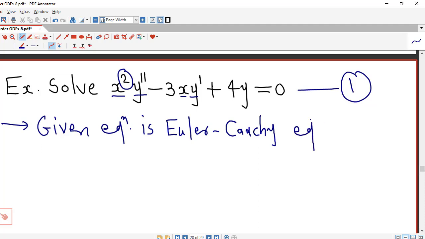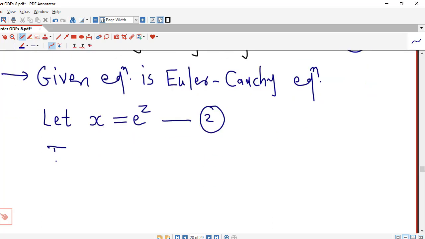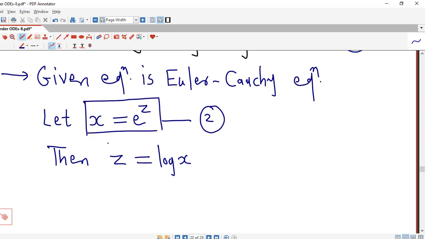Because it is an Euler-Cauchy equation, we can convert it into an equation with constant coefficients. For that we change the independent variable from x to z by this transformation. We consider x equal to e raised to z, then z will be equal to log x. This we will require after solving the equation in terms of y and z.